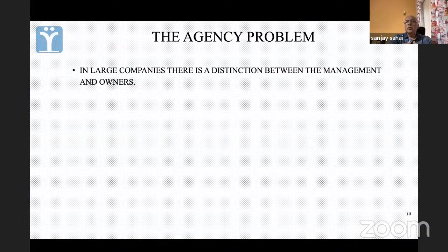So what do they do? They hire people. Let's say the CEO is hired, the other general managers are hired, then below that other people are hired, and finally you have the grassroots level employees. All these people are hired, and ultimately they work for the company.